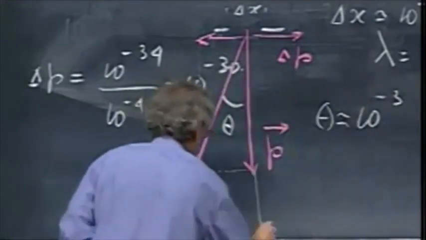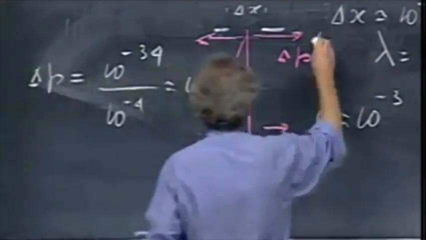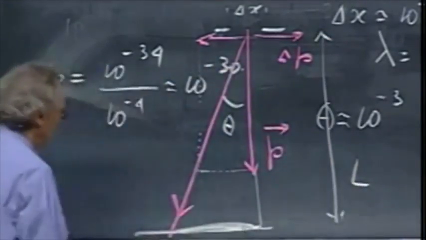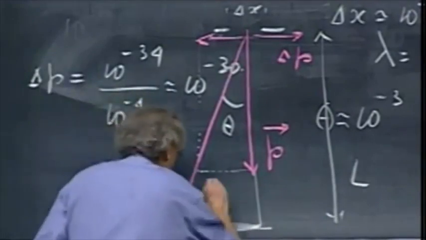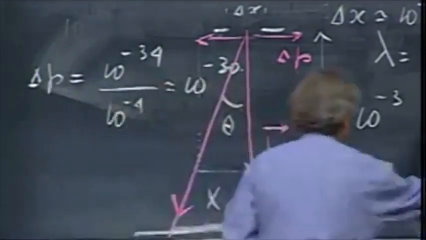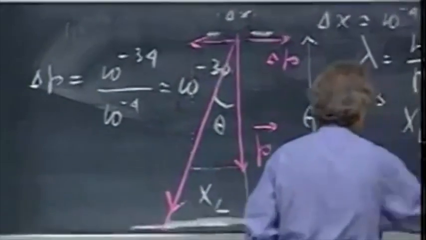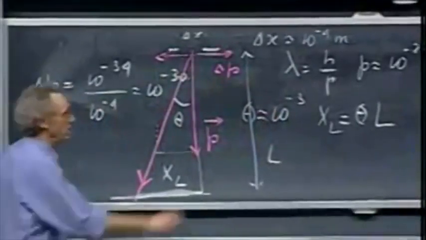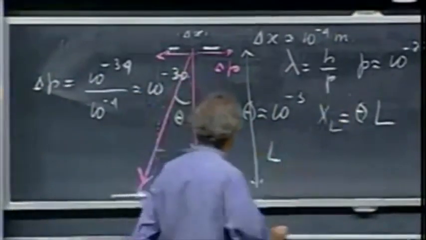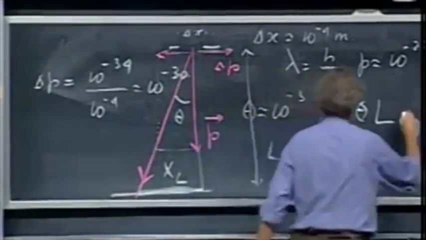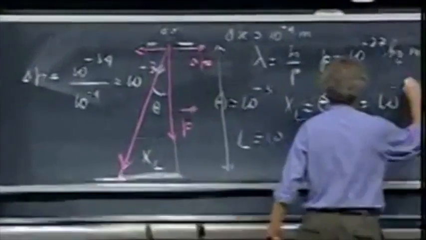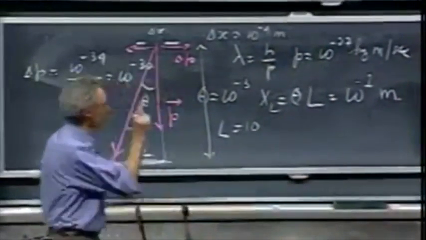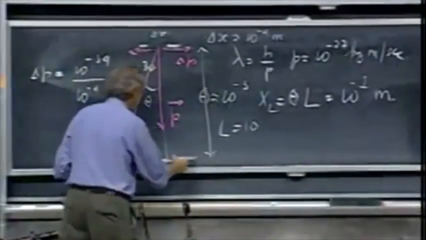And if you have at a distance L, if this distance here is L, if you have here a screen, then the spot on this screen, if I call that x at location L, then x at location L is obviously theta times L. And if theta is 10 to the minus 3, and let's assume this is about 10 meters away from us, so L is about 10 meters, then you get 10 to the minus 2 meters. That is 1 centimeter. 1 centimeter in this direction, and 1 centimeter in that direction.